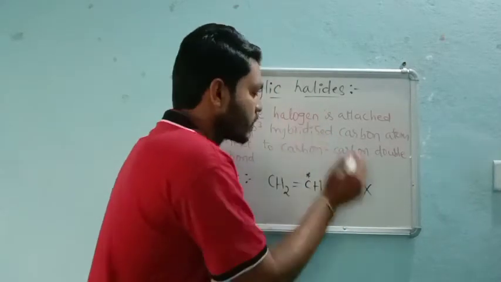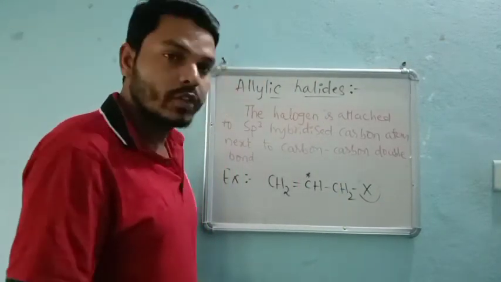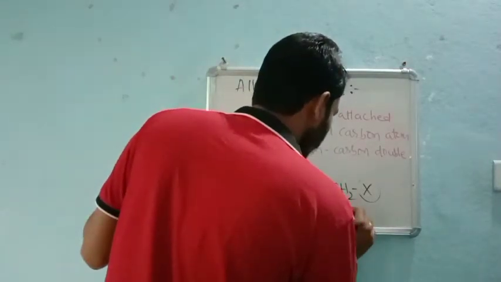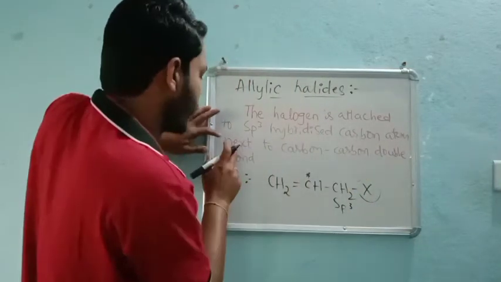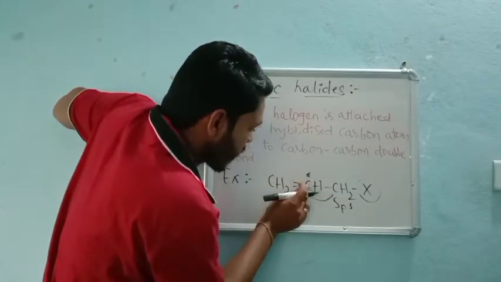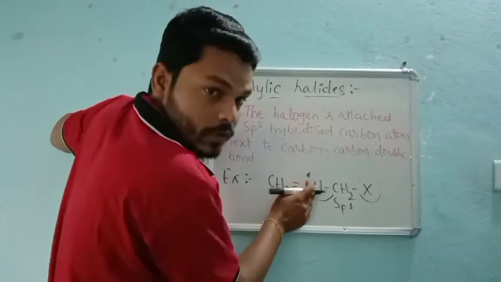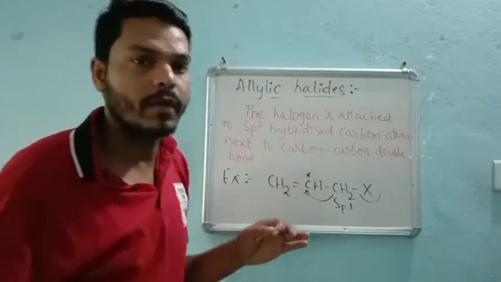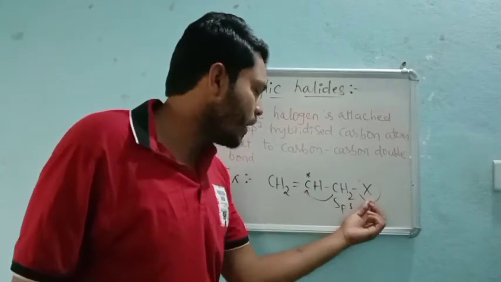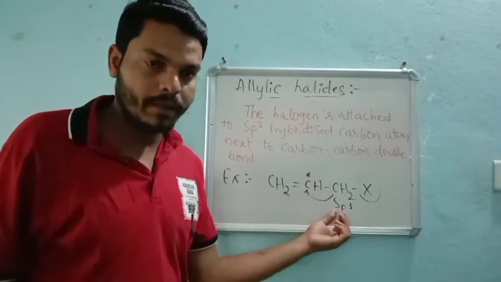Now see the definition. The halogen is attached to what? An sp3 hybridized carbon atom next to a carbon-carbon double bond, right? See, very simple, we can define it. So the halogen must be attached to an sp3 hybridized carbon, one point.